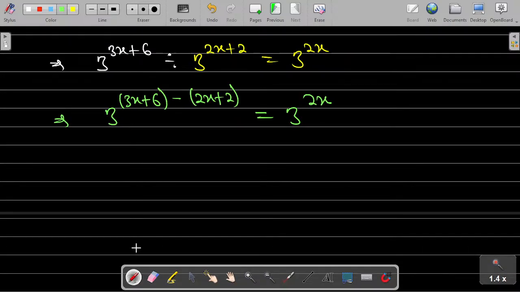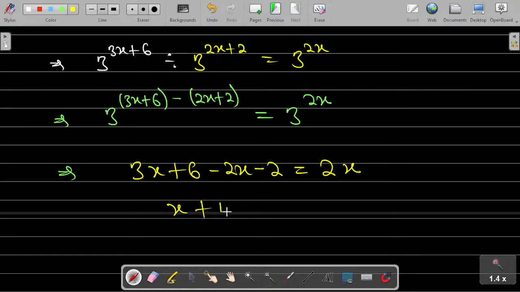By that time, we just have that the bases are the same on both sides, so the powers should be equal. If you open up the brackets, you have 3x plus 6 minus 2x minus 2 equal to, on the right hand side, only 2x. Then we collect like terms. 3x minus 2x is x, 6 minus 2 is 4.